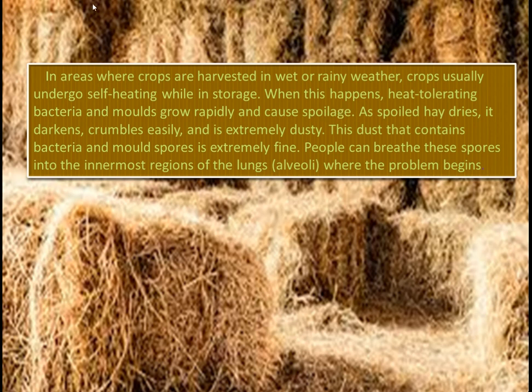So these dark areas, what you can see on the background, are basically the areas where the heat tolerating bacteria and molds have grown. After their growth, they spoil the hay. Once spoiled, the wet hay now dries. So as spoiled hay dries, it becomes dark, that is, it darkens.